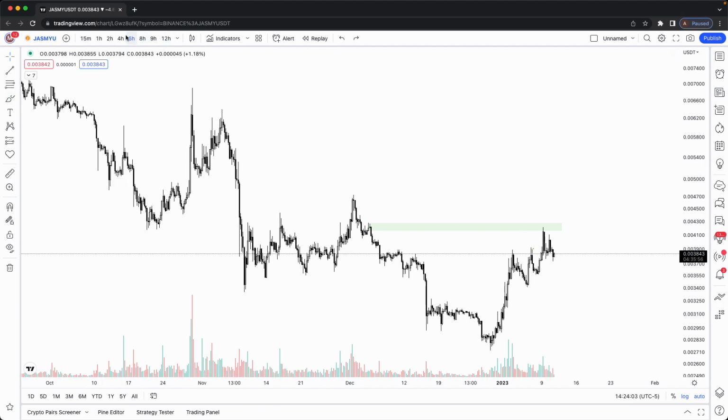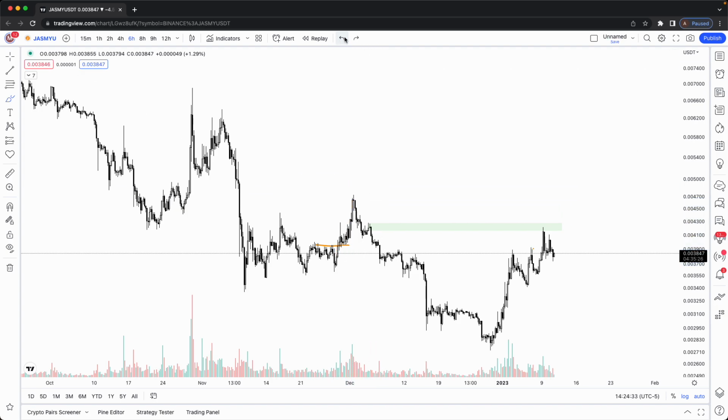So we are using a 6-hourly chart, and you can see that over here the market had made a higher high. That is, the previous high was broken, and the market had gone up, pushing the price here. Then this resistance got tested, and then the Jasmy pair went up.